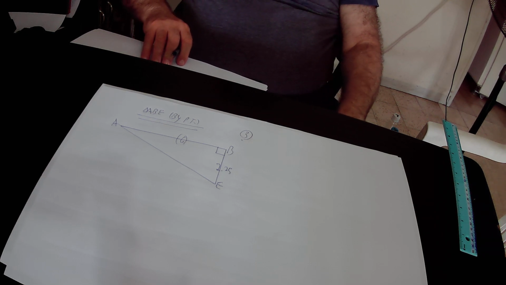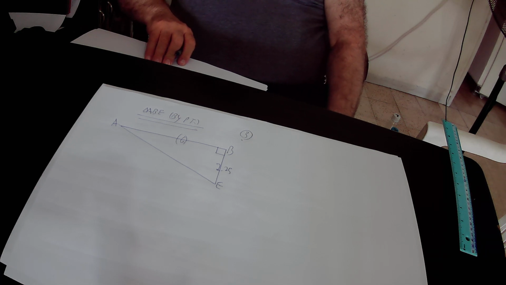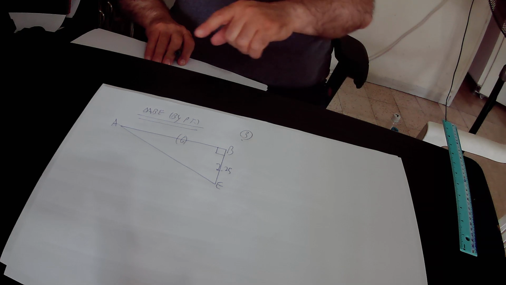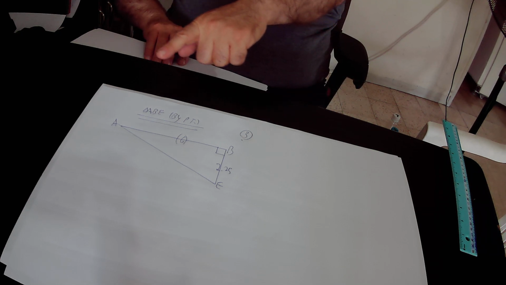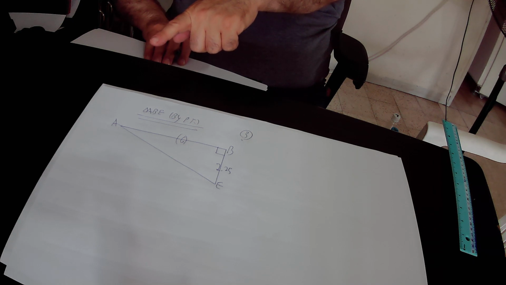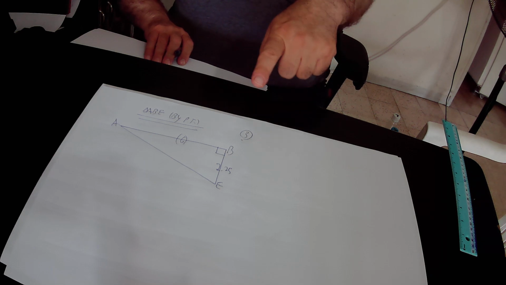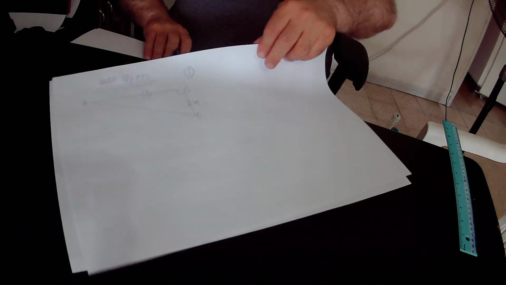According to the Pythagoras theorem, in any right triangle, the square of the hypotenuse equals the sum of the squares of the perpendiculars. The hypotenuse in this right triangle ABE is AE, therefore the square of the hypotenuse is AE squared, and AE squared must be equal to AB squared plus BE squared. So I'll write it down.